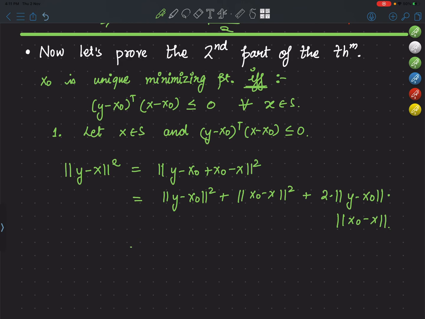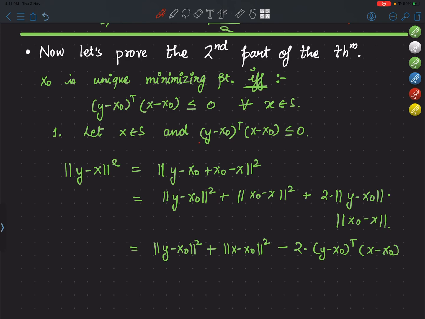Which we can write as ||y − x₀||² + ||x − x₀||² − 2(y − x₀)ᵀ(x − x₀).